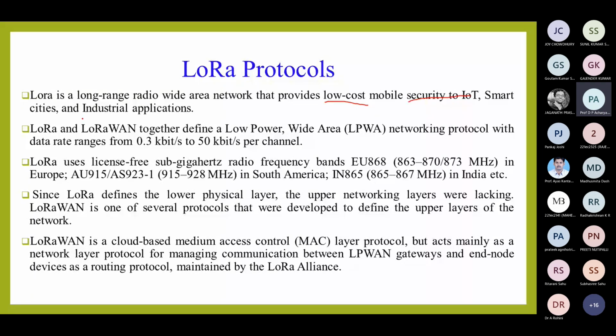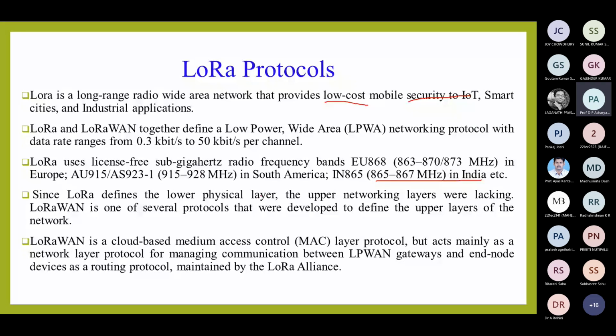I've told you LoRa and LoRaWAN, the LoRa wide area network, together define the low power wide area networking protocol, the LPWAN protocol. It uses license-free sub-gigahertz radio frequency bands like 863 to 873 megahertz in Europe. In India, they use other frequencies.